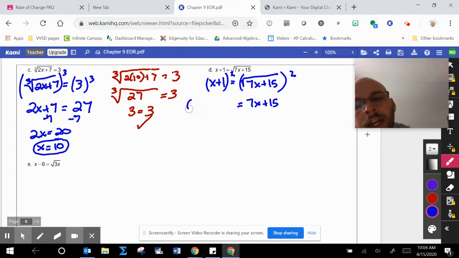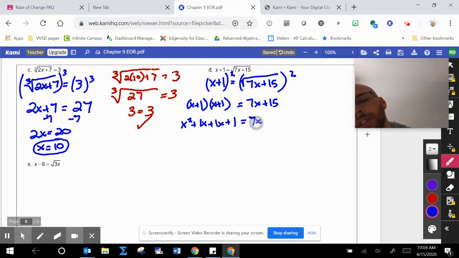On the left hand side, I have an x plus 1 times an x plus 1. I'm going to have to distribute that out. So that gives me a 1x plus a 1x plus a 1 equals 7x plus 15. Let's combine like terms.